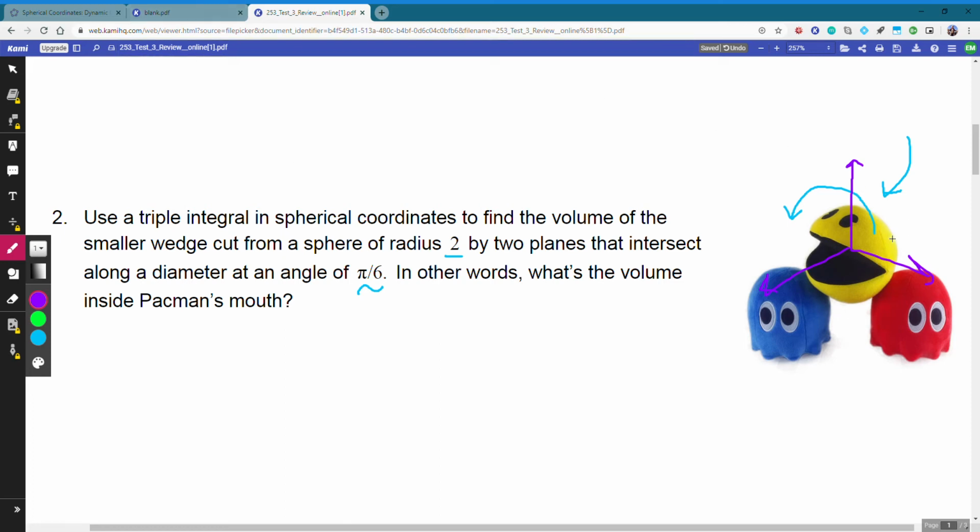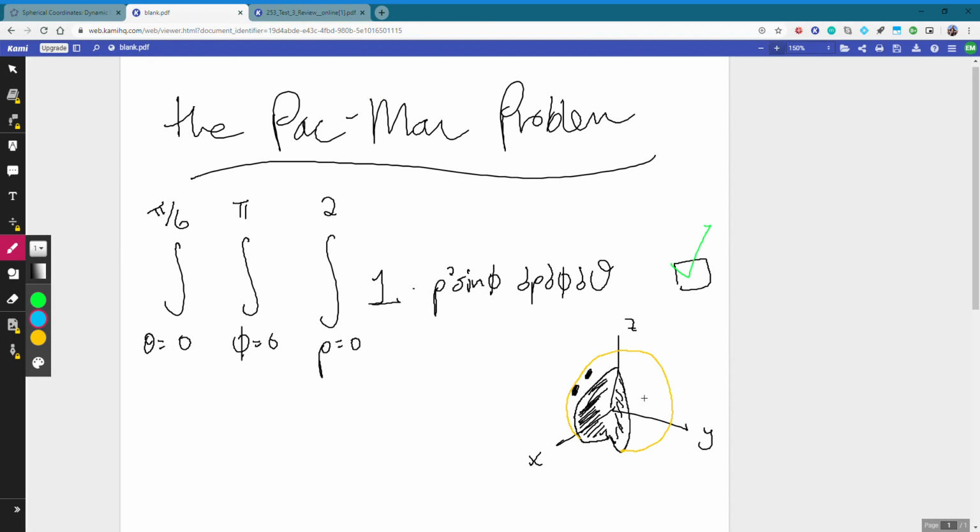So the first way, if we turn Pacman on his side, we get a picture like this. And so the integral in spherical coordinates looks like this. We want to move phi all the way from 0 to pi. 0 for phi starts us straight up along the z-axis.